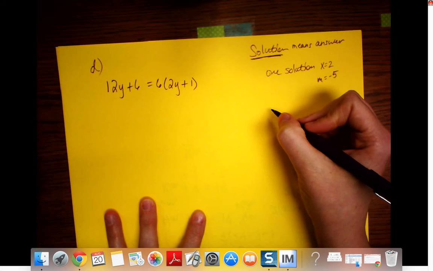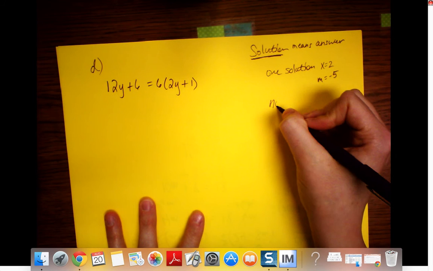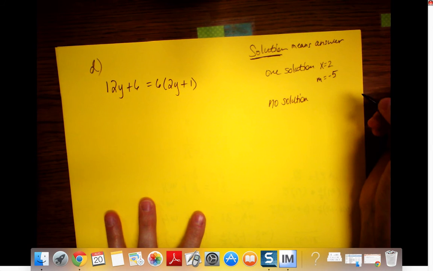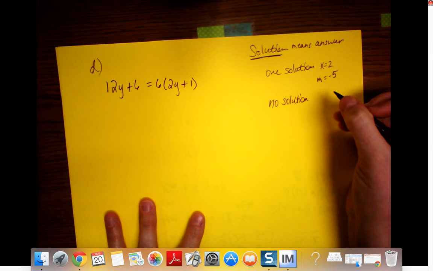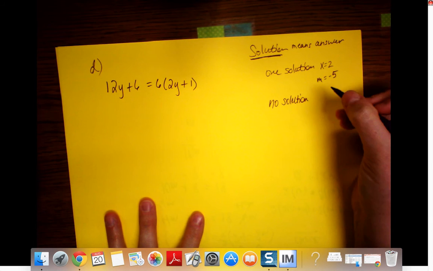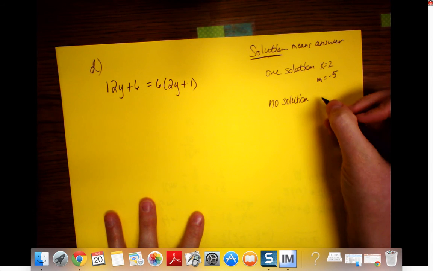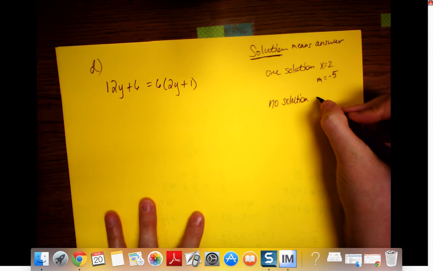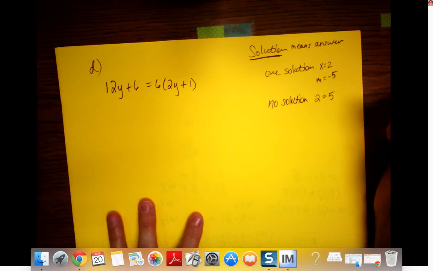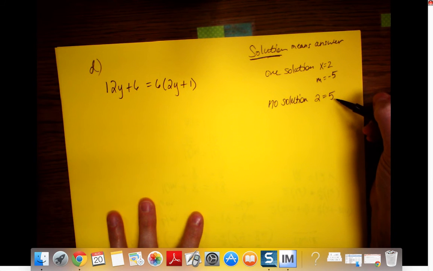Let's see the next one. No solution means that there is no answer to the problem. So after you're done solving, this is what you'll see. You'll see a statement that looks like something like this. Let's say you have 2 equals 5. Well, if that's what you have at the end of solving the equation, you ask yourself, is that a true statement?